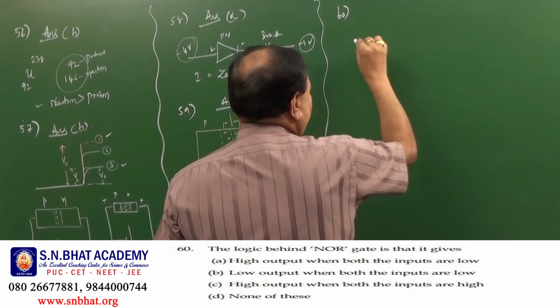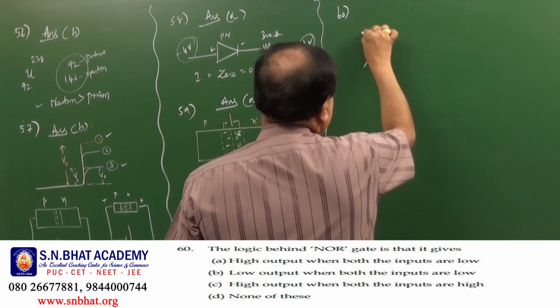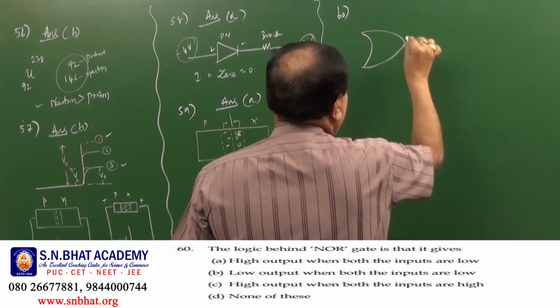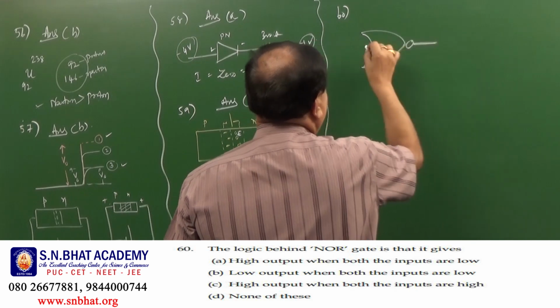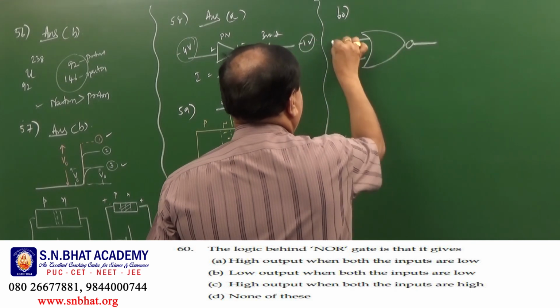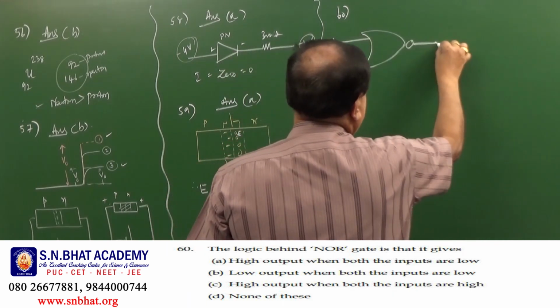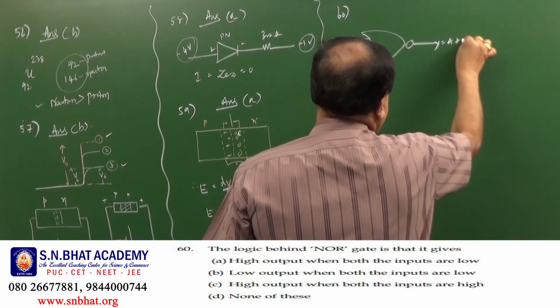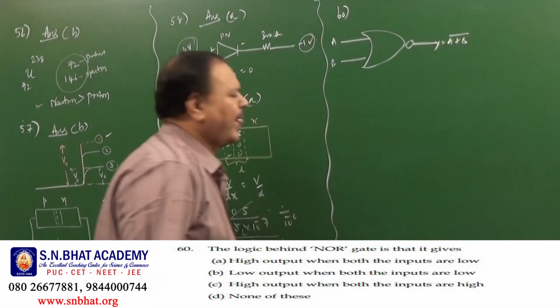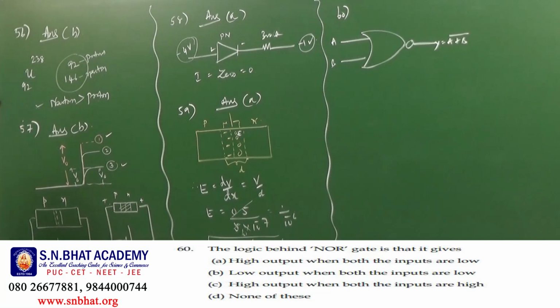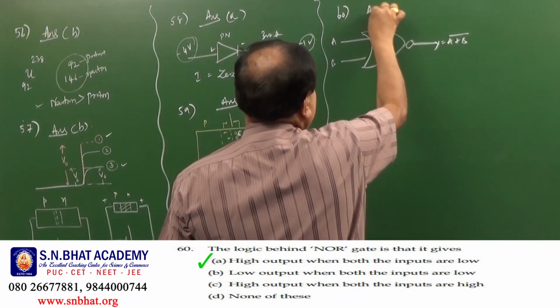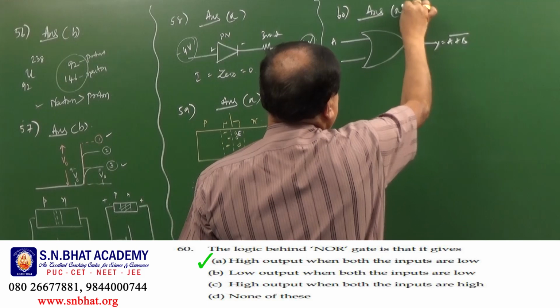You know that this is the OR gate, and if you add a negation to it, then it becomes a NOR gate. So Y is equal to A plus B bar. He asks what's the logic? High output when both the inputs are low. That's the right alternative, and you mark this as answer A.